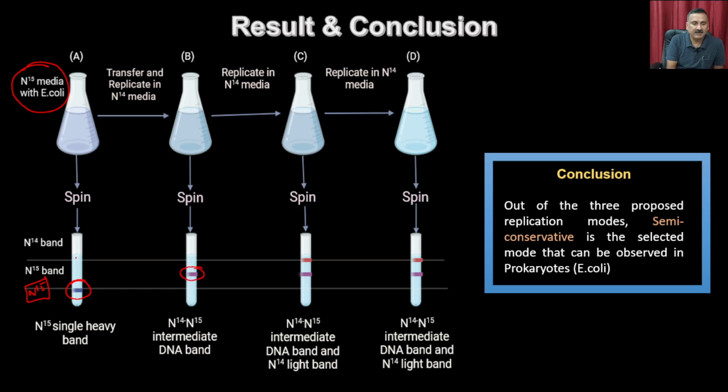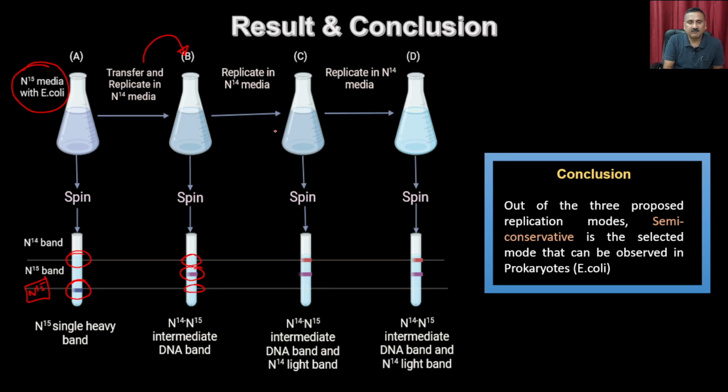This is the region where you get the band for N14, and this is the region for N15. So, when you grow the bacteria in normal media after N15 media, it is going to have the band at the intermediate position. It is not going to be related to either N15 or N14.